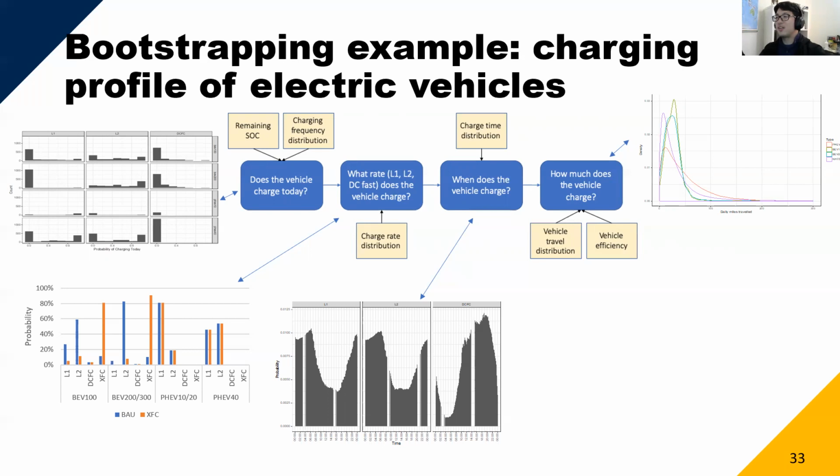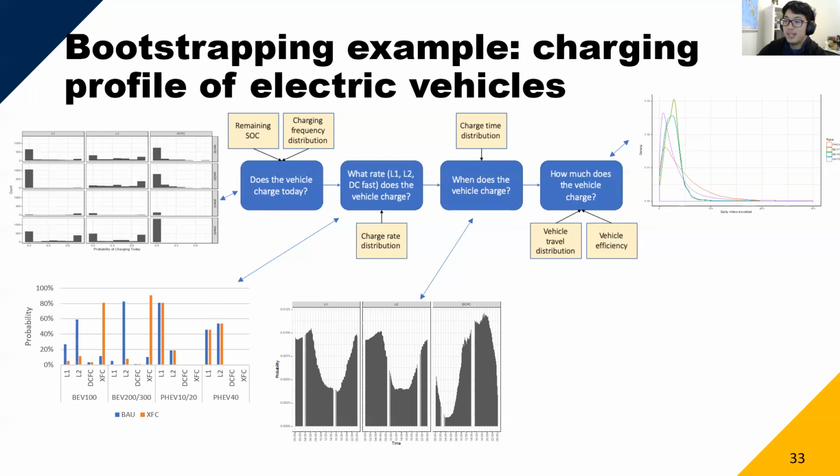So we have different distributions of whether or not a vehicle will charge on a given day. What rate does the vehicle charge? Does it charge slow or fast? And we have another set of distributions telling us that.